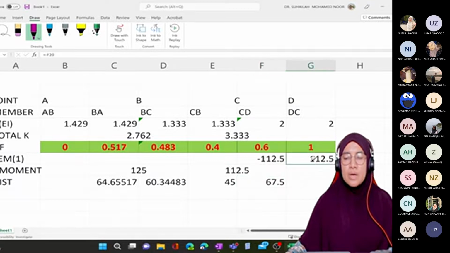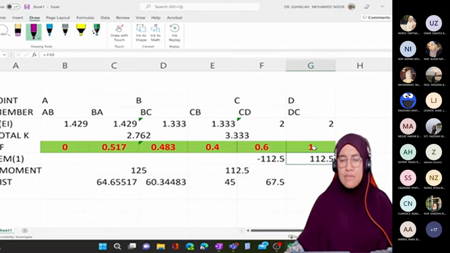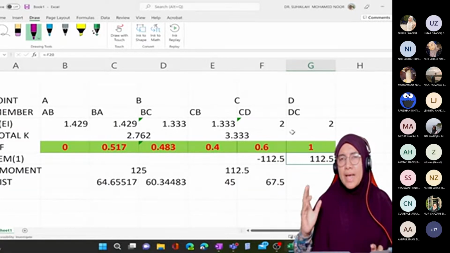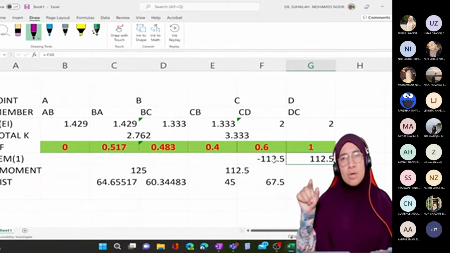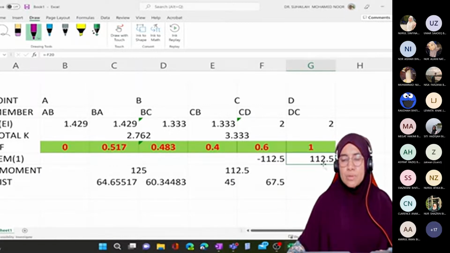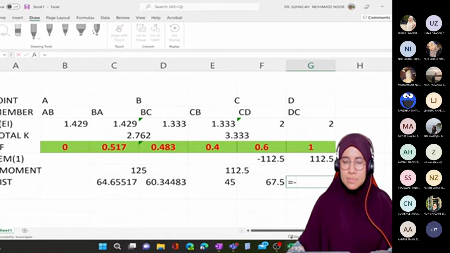I use the second alternative to solve this, by assuming both ends are fixed even though the end is a pin. By assuming both ends fixed, I use the formula for both ends fixed, that is why it is WL squared over 12. I put the value here, and what I need to do now is take this and times it with the factor 1.